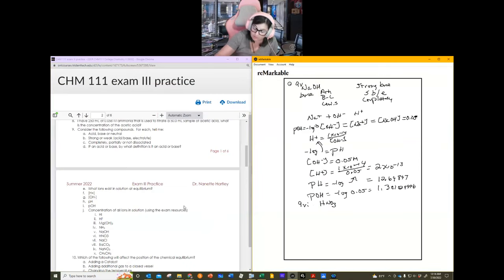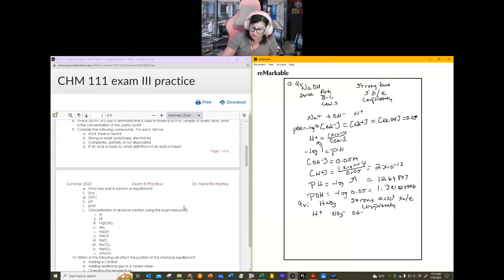That means that a strong acid completely dissociates, and of course it's a strong electrolyte. What ions am I going to have? H plus and NO3 minus, and of course there'll be some OH minus as well.